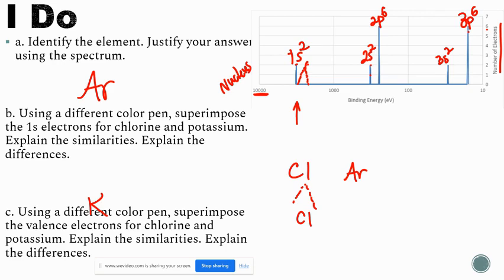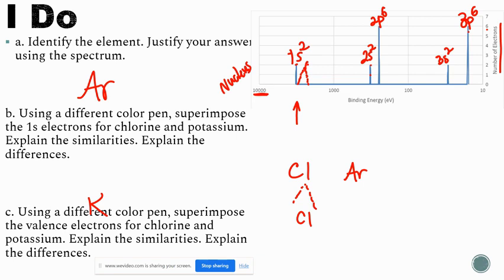Greater. Is the distance of the 1s electrons, we're still talking about 1s, not way out here, just the 1s, about the same? They're about the same distance. So we haven't changed the distance much, but we've increased the effective nuclear charge.